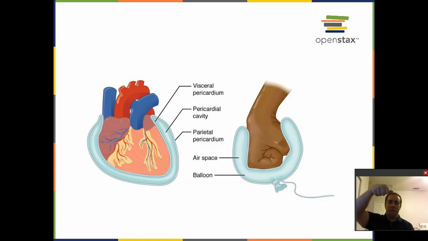And so if you push your fist into the water balloon, the visceral part is the part that's touching your fist, and the parietal part is whatever part of the water balloon that is not touching your fist. And then located inside of the serous membrane is serous fluid, which is basically just salt water. That's basically all it is. It's just salt water.